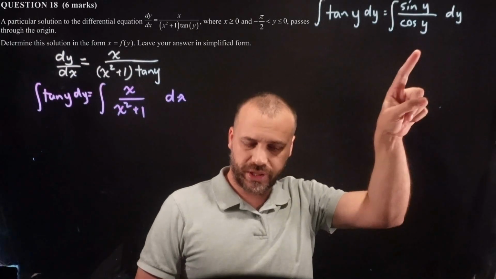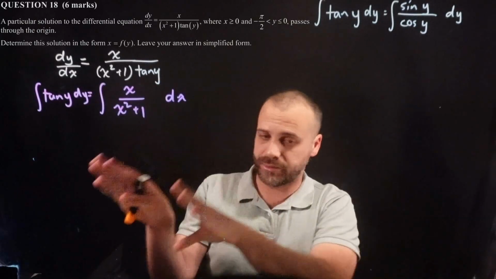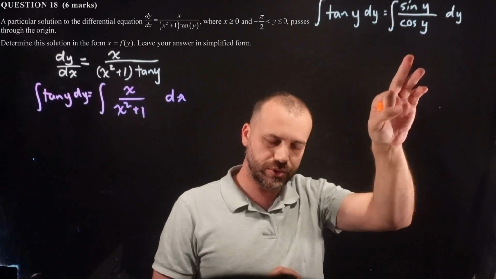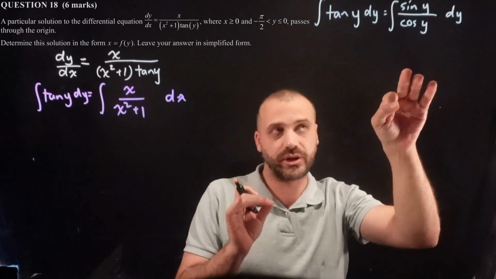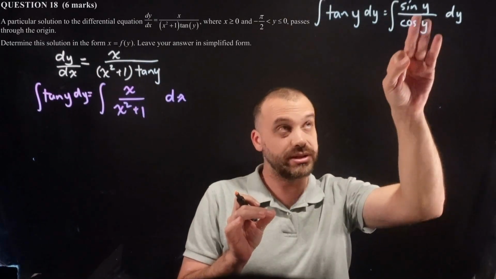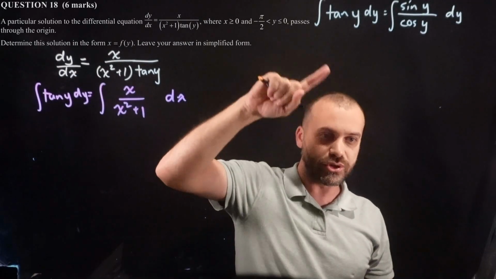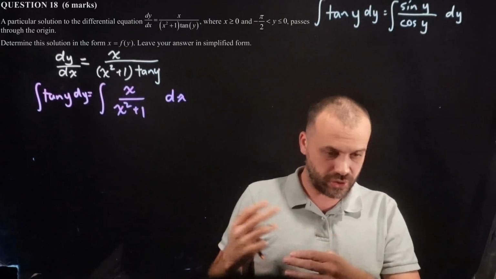All right, so I've got it written here. I'm going to solve it here, and then I'm going to move it back over to here. So now I've got tan y equals sine y over cos y, and this should feel like we can do some integration by substitution. The reason I'm thinking integration by substitution is because cos y and sine y are derivatives of each other.